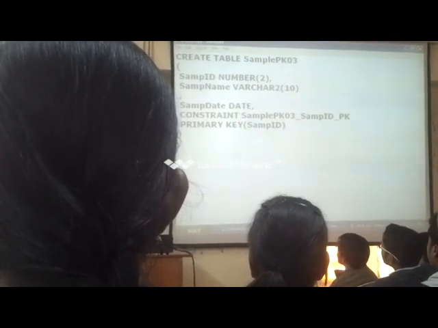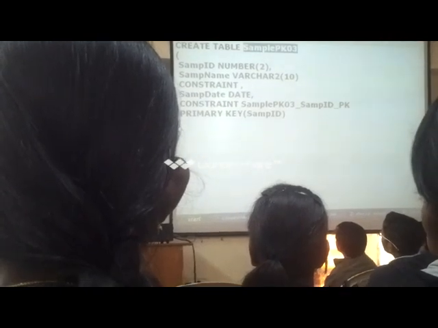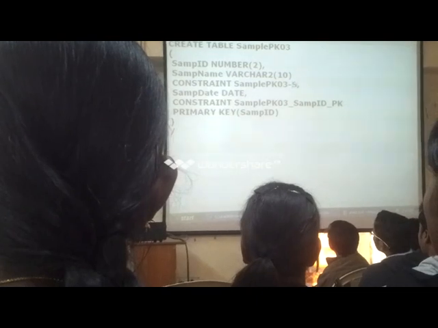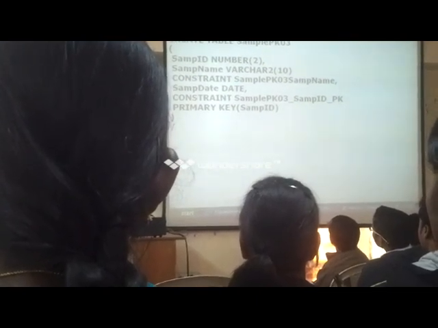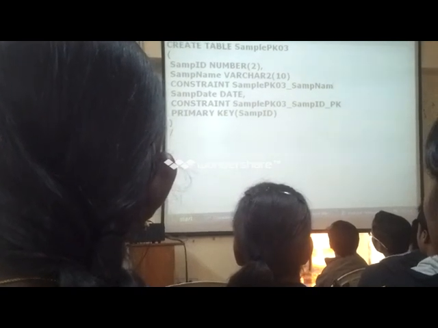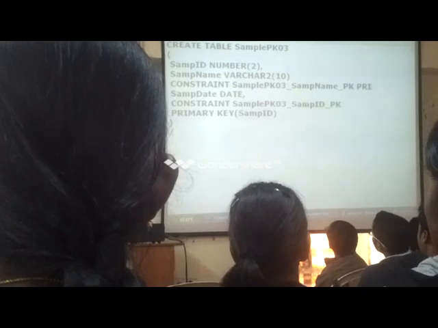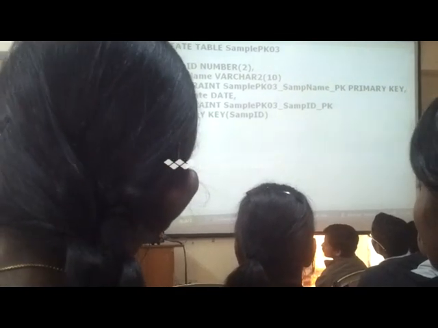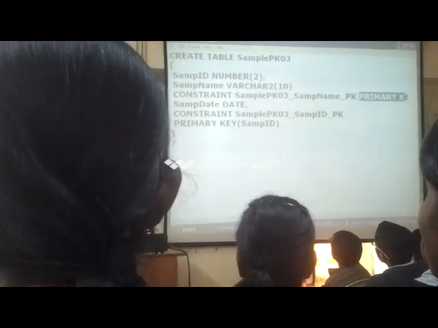So you just watch what I am doing is, I am saying constraint, I am calling my table name, let us say, underscore samp name, where I am just trying to say underscore pk once again, and I am saying primary key. Because it is also expected that it should have which kind of property? Unique and not null.